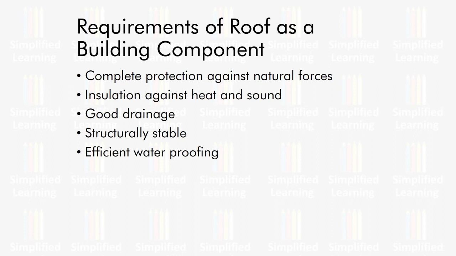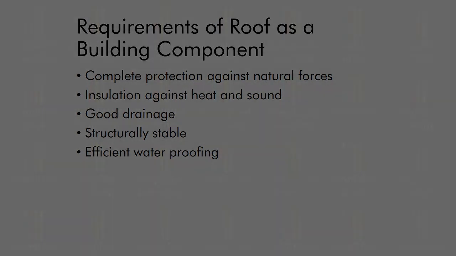There should not be any leakage problem or dripping of precipitation. In case heavy precipitation is coming, it should not allow a single drop to enter the structure. This is the efficient waterproofing that is expected from a building roof when it is acting as a building component.